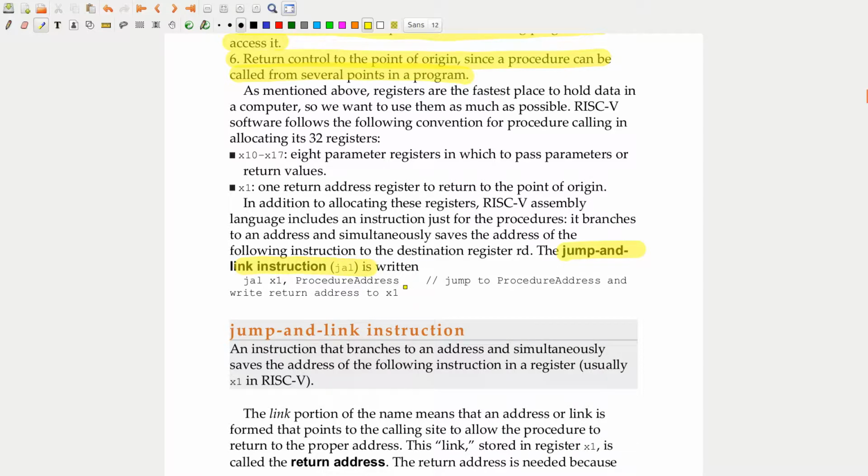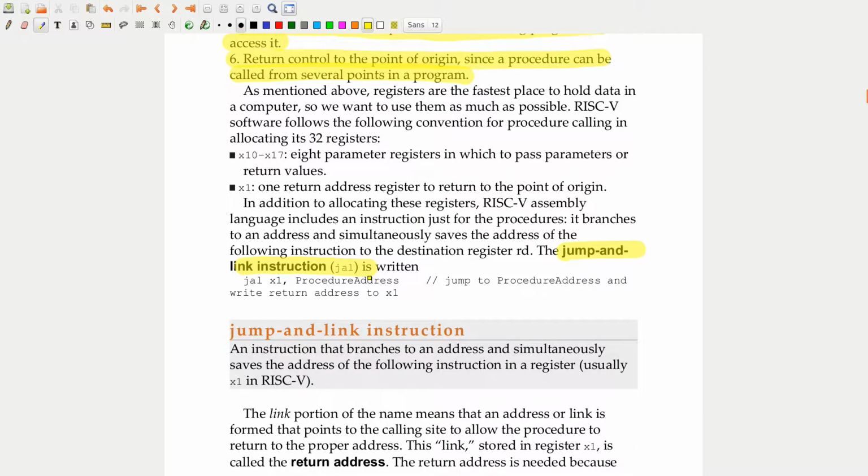Unconditionally, we automatically go to the procedure address, but we save the spot that we're at in the program so that when we're done with the function, we know where to return to.